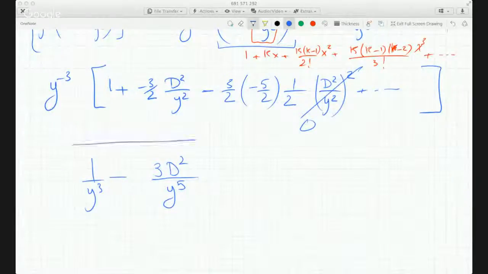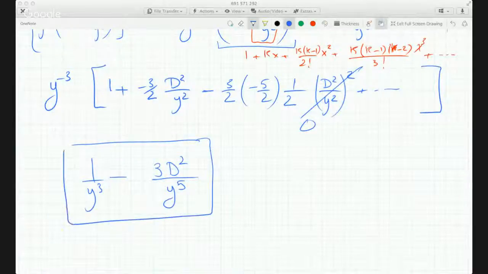So this power series expansion gave me this.